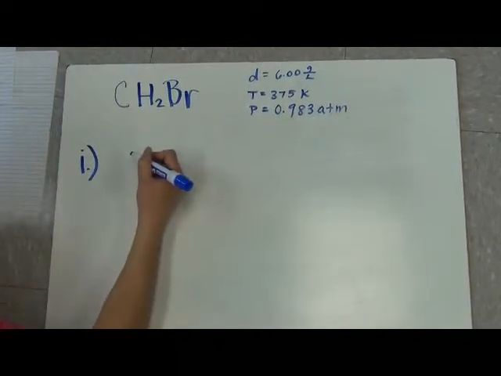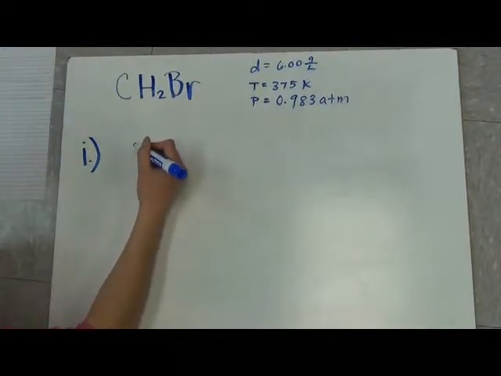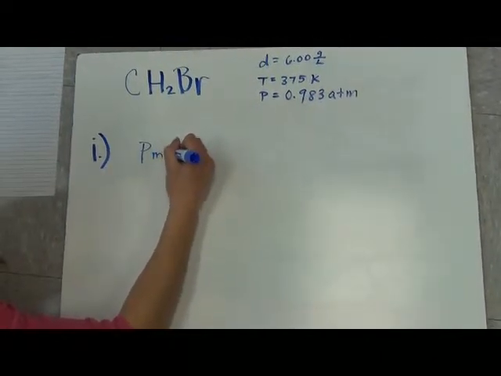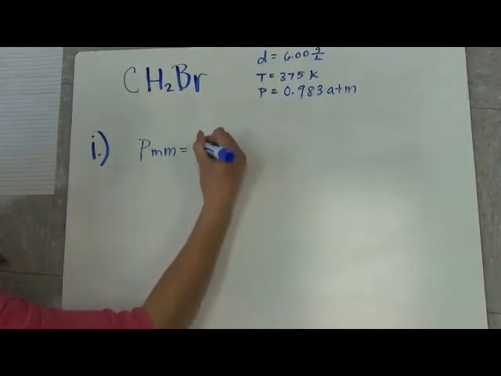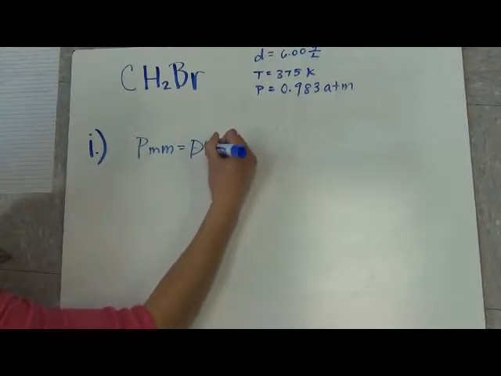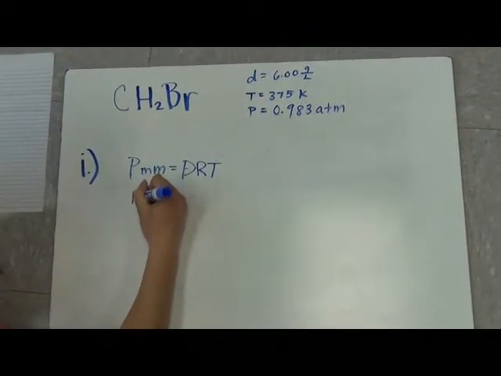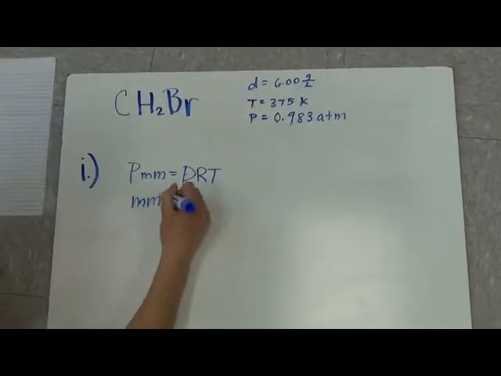To find the molar mass, we are going to use the equation PM equals DRT, and then you solve for molar mass.